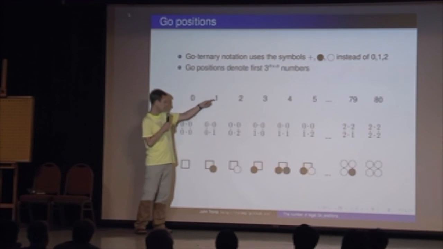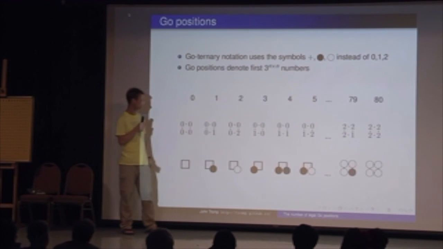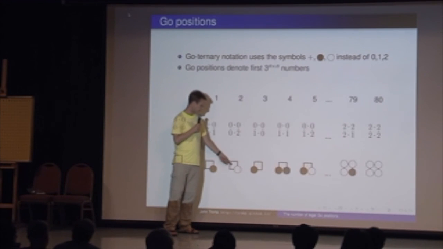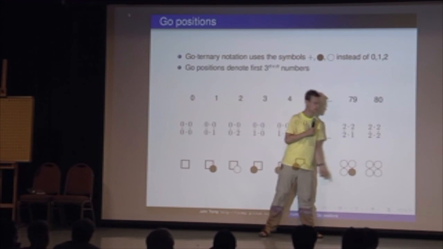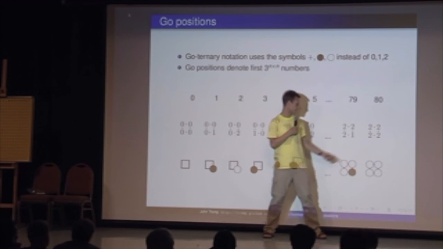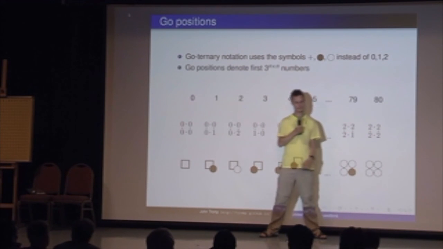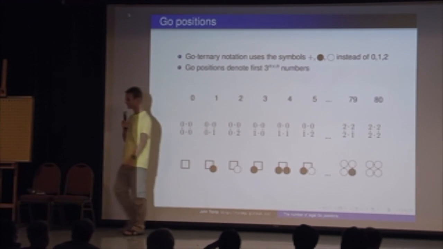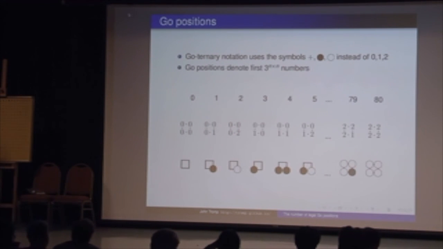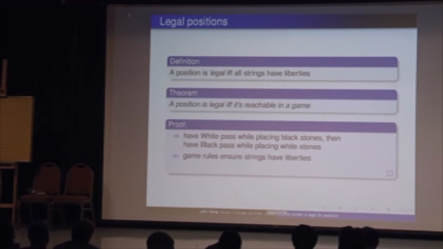Going up to number 1, in ternary that's 0001, and a black stone appears. With 2 you get this position. So all these positions just denote numbers from 0 through 80, this being 2222. Of course, we like to write the ternary digits in an n by n square. So numbers and Go positions, pretty much the same thing.